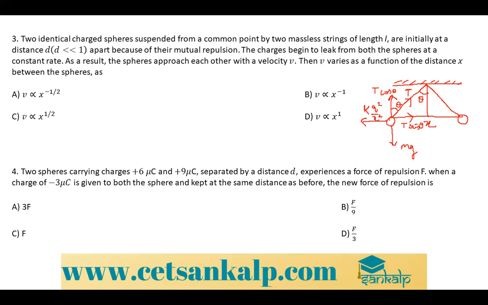Now from the figure you can write that T cos theta is equal to mg. T sin theta is equal to k q square divided by x square, because we are saying the charges are the same. From these two equations, sin by cos is tan.